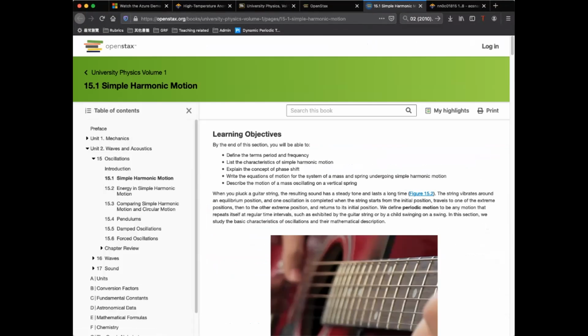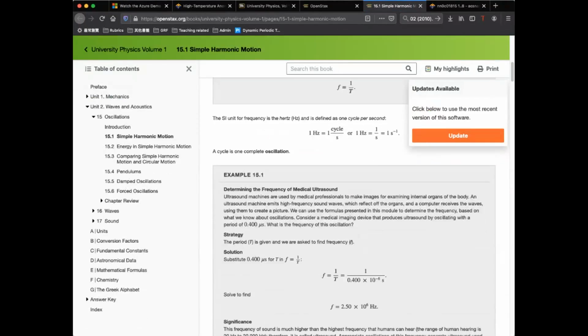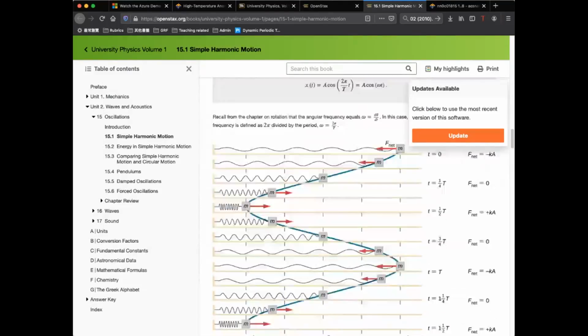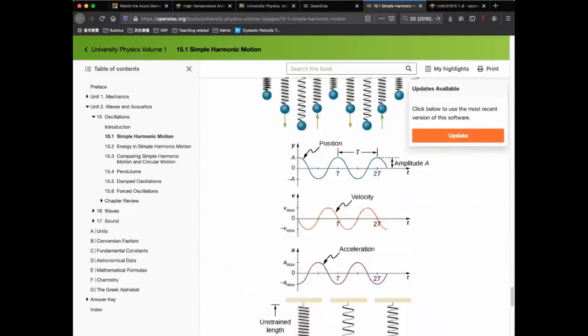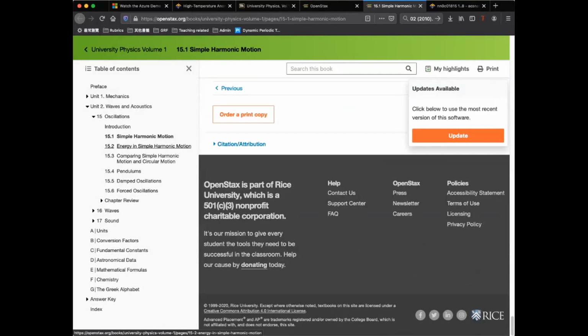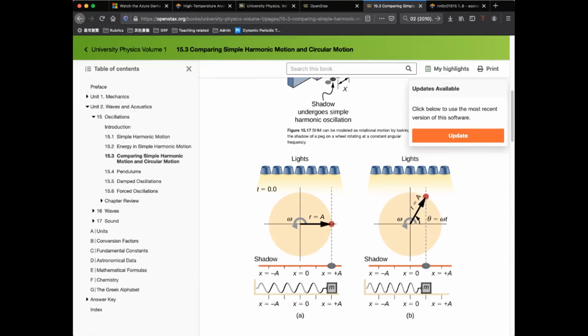Oscillation, simple harmonic motion. Let me see if I can find the diagram. Yeah. So the oscillation in simple harmonic motion would be kind of like the oscillation of the particles in the waves.